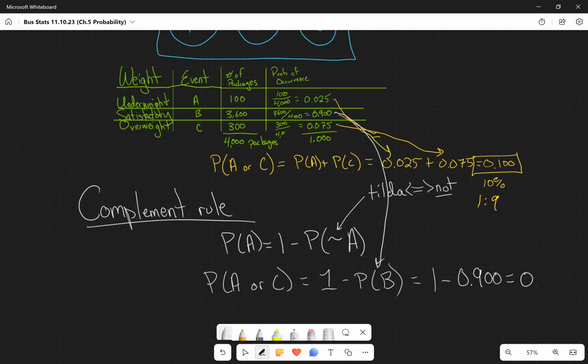And so this is going to give us a probability of defects at 10%, 0.1, or 1 to 9.